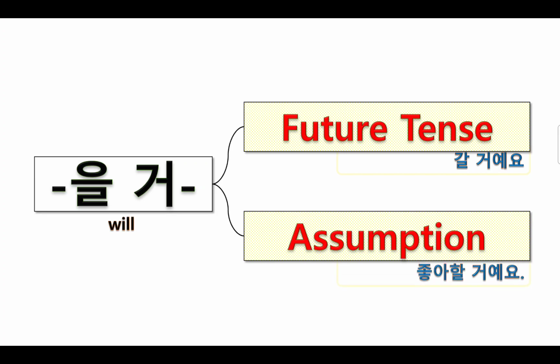He will like this one. So in the sentence, he will like this, 좋아할 거예요. This will is not future. This will is like I guess or might, right? So this is assumption. So will in English has two meanings, and in Korean language 을 것이 or 을 거 also has two meanings.